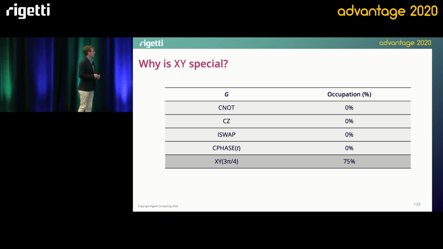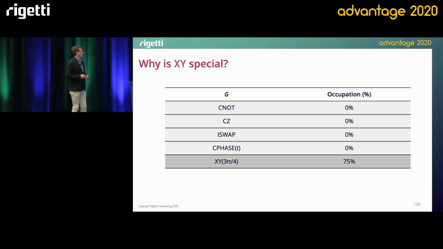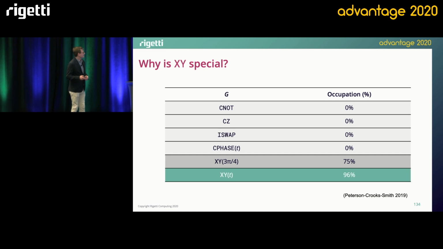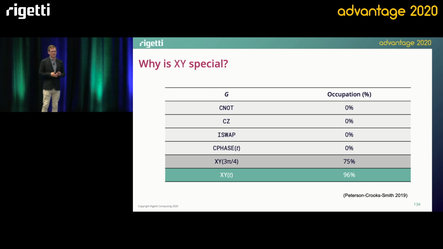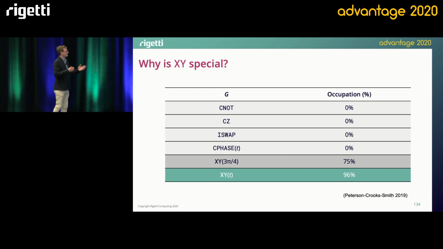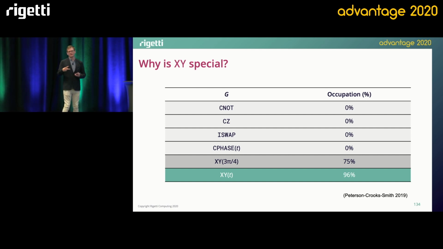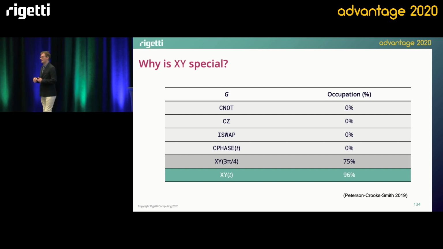However, if we tune up the entirety of the XY range, then we get 96% of the coverage of the entire special unitary group of dimension 4, which means that on average, 96% of the time, you only need 2 invocations of this gate with any sort of parameter added to it, as opposed to 3.